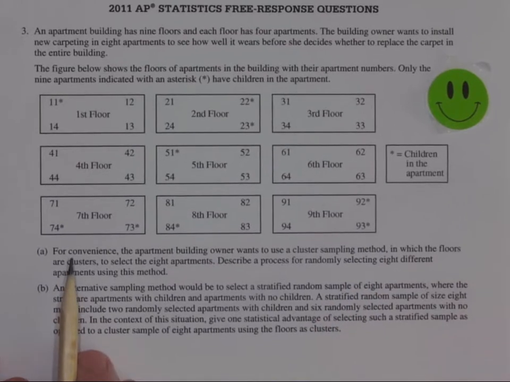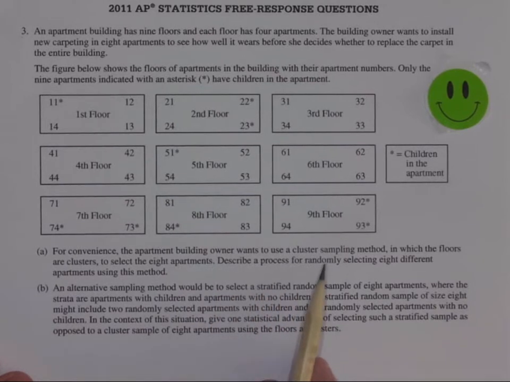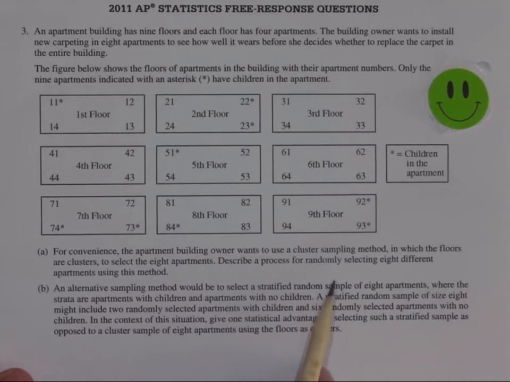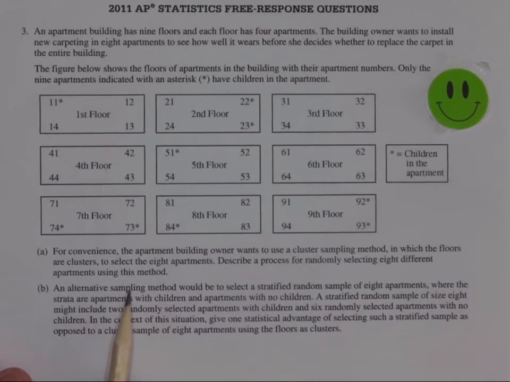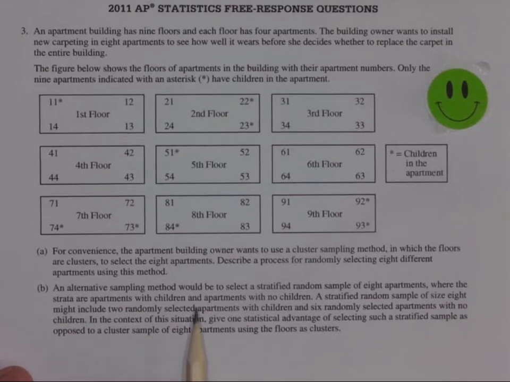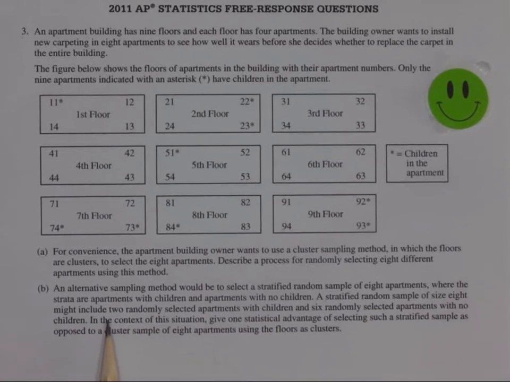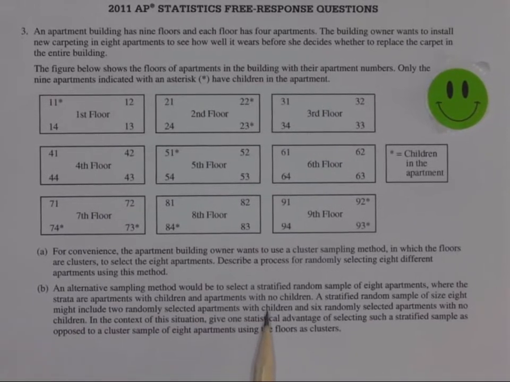All right, so part A: for convenience, the apartment building owner wants to use a cluster sampling method in which the floors are clusters to select the 8 apartments. Describe a process for randomly selecting 8 different apartments using this method. And part B: an alternative sampling method would be to select a stratified random sample of 8 apartments where the strata are apartments with children and apartments with no children.